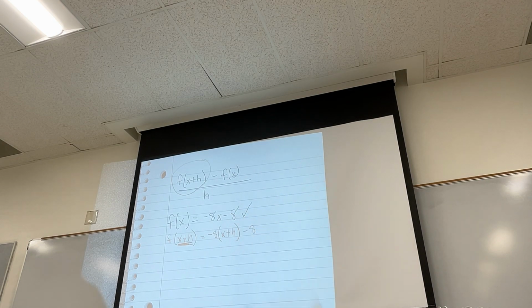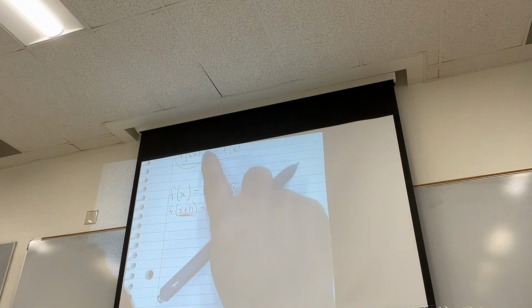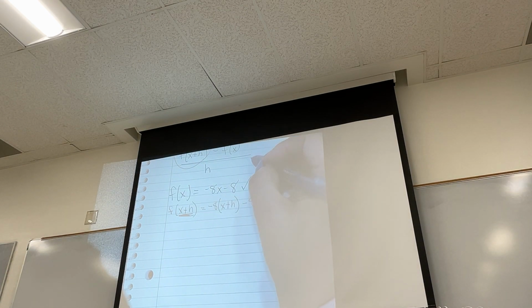You don't just drop that 8. This right here is going to replace f of x plus h. f of x is going to be replaced with negative 8x minus 8.